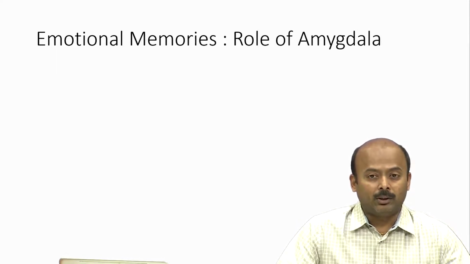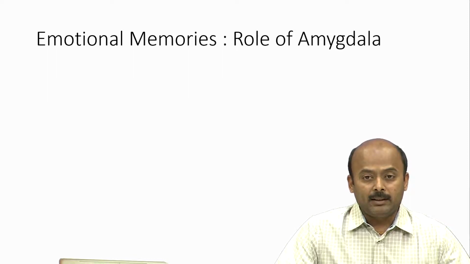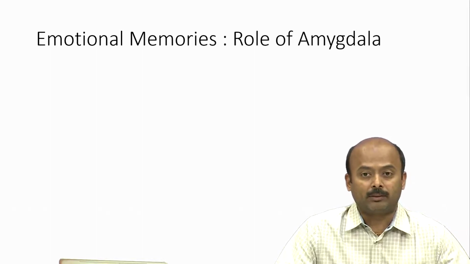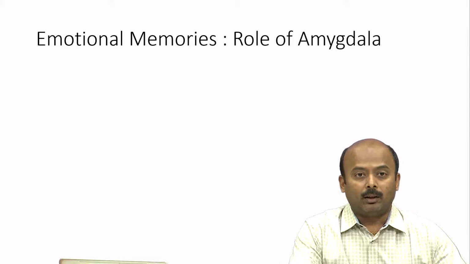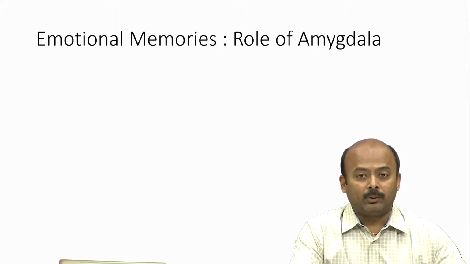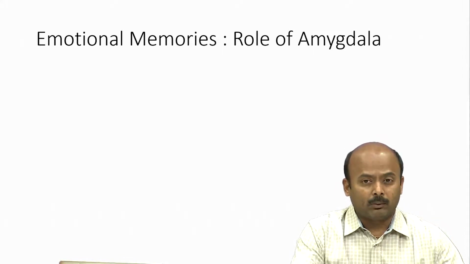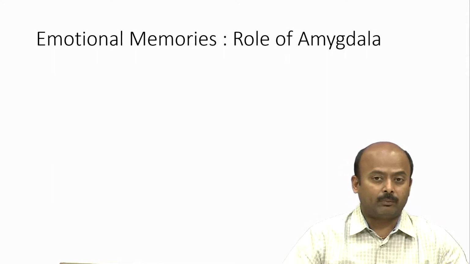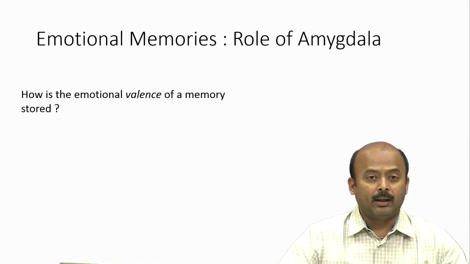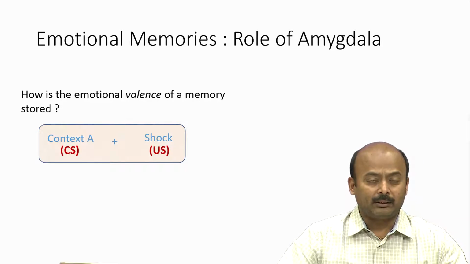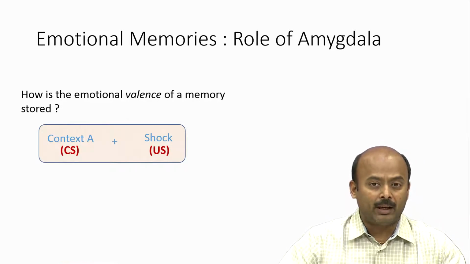Eventually this pairing happens such that the CS by itself is capable of eliciting a response on its own without the US being present. Now in this scenario, what we would like to ask is what are all the different aspects present in this case, and where exactly and how exactly is the emotional valence of a memory stored?